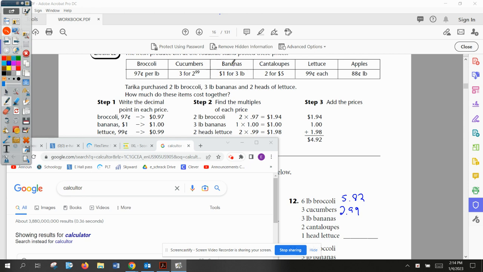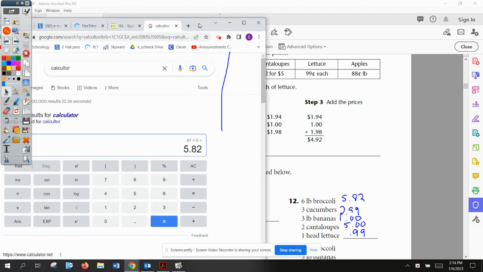Next, I'm going to buy 3 pounds of bananas. Again, bananas are sold by the 3-pound packages, so that's going to be $1. 2 cantaloupes. Cantaloupes are also sold by the pair. That's going to be $5. And lastly, we want 1 head of lettuce, and that's 99 cents. Remember that decimal point is very, very important. So let's go back to our calculator.